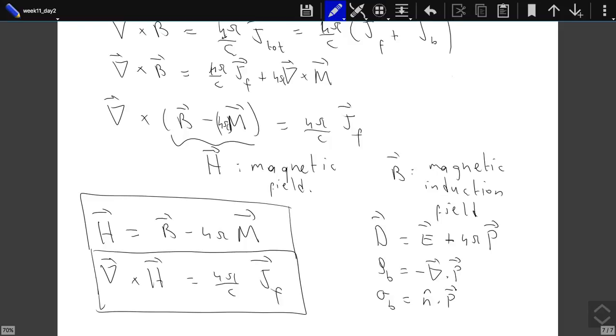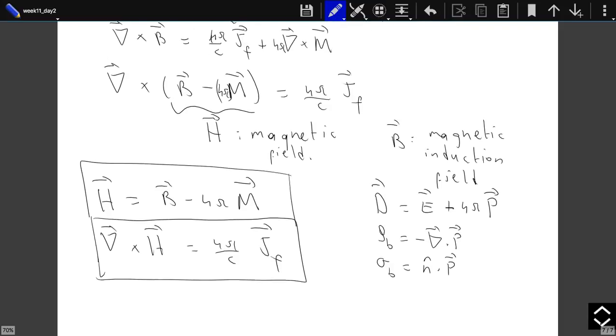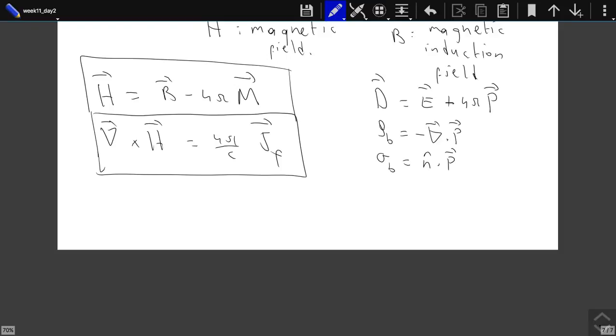These two signs should be different. E plus P. No, with the coefficients. D is equal to E plus 4 pi P. Yes.